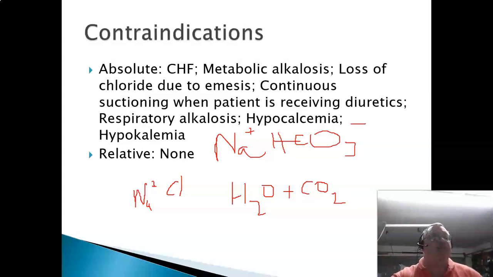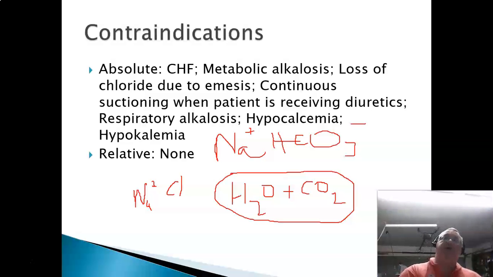So that combines with that to make water and CO2. Oh, wait a minute. So if you're making a bunch of CO2, what is it you got to be able to do? Get rid of said CO2. Again, good ventilation is absolutely imperative, okay? Absolutely imperative, all right? Now, back to our contraindications here, after we get that little explanation.